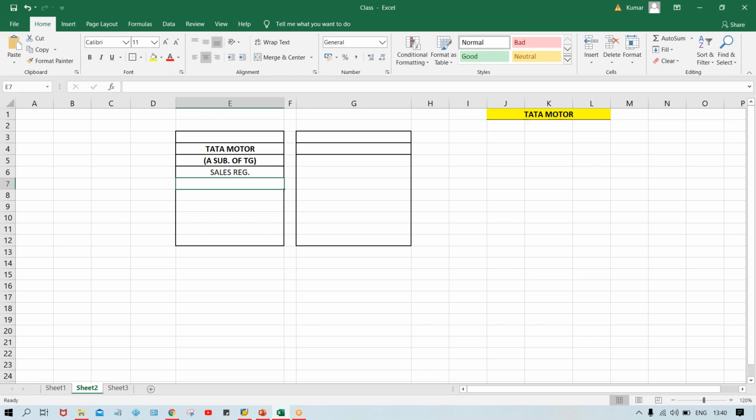Now in this sales register, since if we talk about sales, sales means revenue is getting generated. Tata Motor's entire sales revenue is getting generated from their manufacturing unit, and they also have a service unit, in the sense that service centers are also there, right?